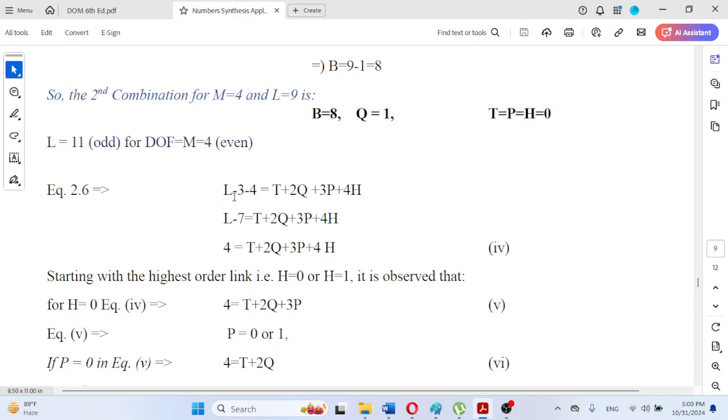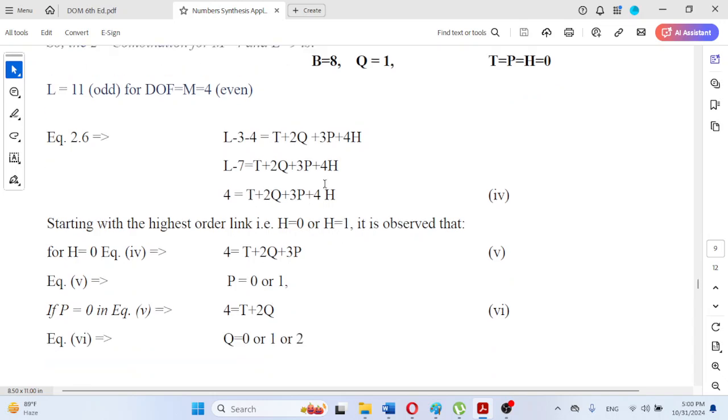We can observe L minus 3 minus 4 and L minus 7 in a similar manner, and here the result is equation number 4, which is 4 equal to T plus 2Q plus 3P plus 4H. Here again we observe that H can only adopt 0 and 1 value and cannot be greater than 1, because if for example H is equal to 2, that means 4 multiplied by 2, that will be 8.